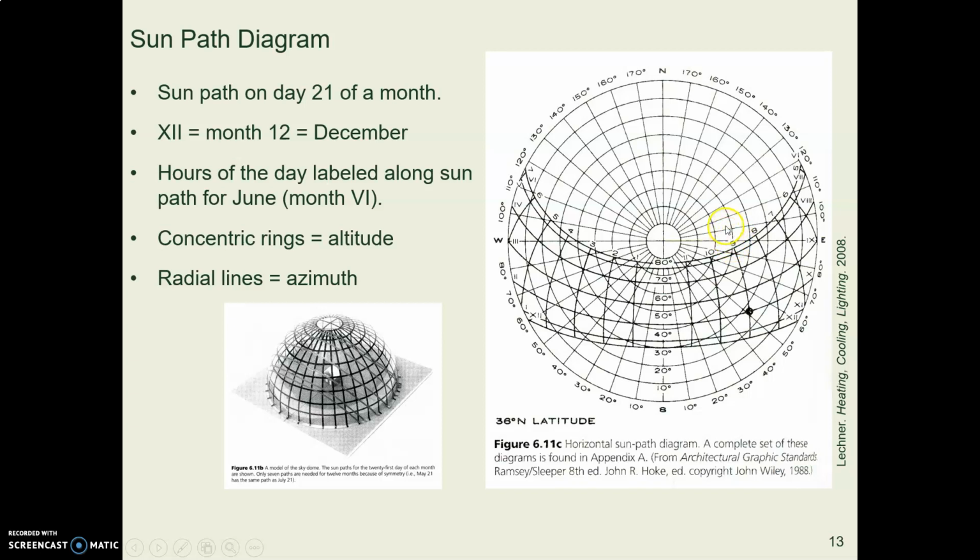So right here, there's a line that is marked 9. That's 9 o'clock in the morning. And over here, to the left of center, there's a line that's marked 3. That's 3 o'clock in the afternoon, and so forth. So we've got lines for the months, and then we've got other lines for hours in the day.